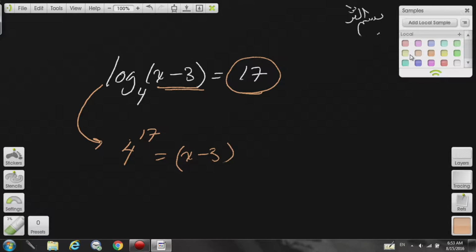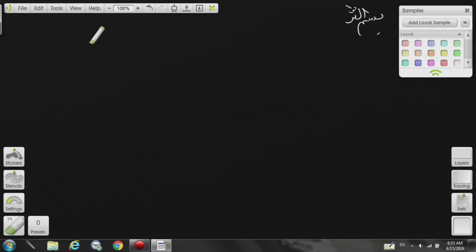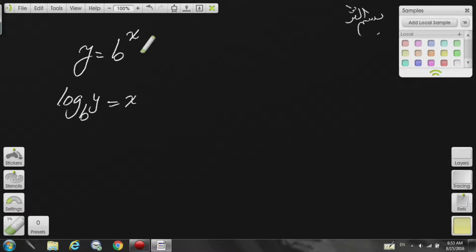So these two statements are the same. The first thing that we learned is how to convert an exponential form into a logarithmic form, and back and forth. You should feel reasonably comfortable with this.